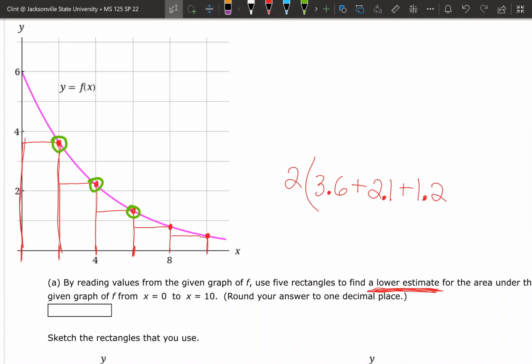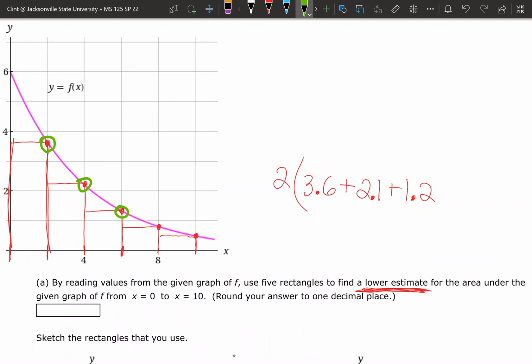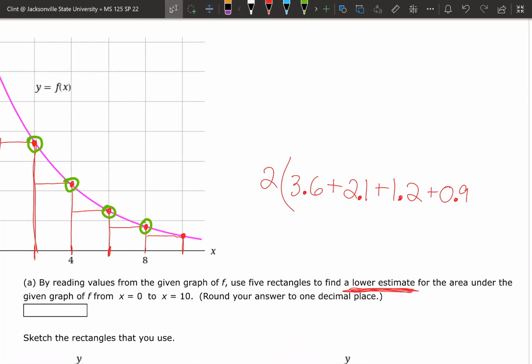And then we're a little under 1 for the next one. So 0.9. And then the last one looks like it's about half to me, so I'm going to call it 0.5.